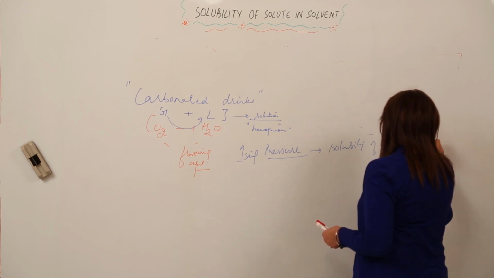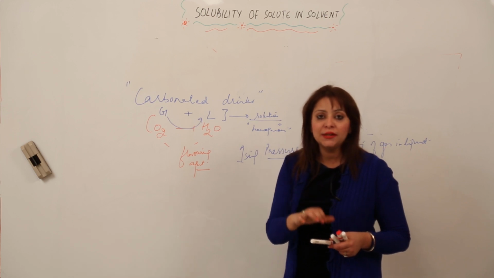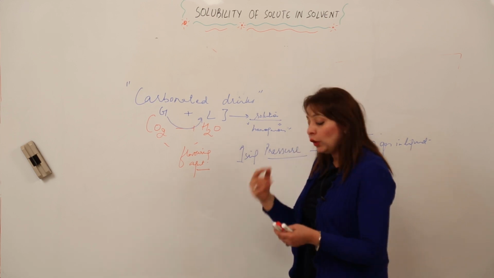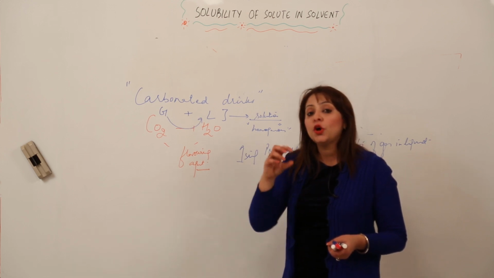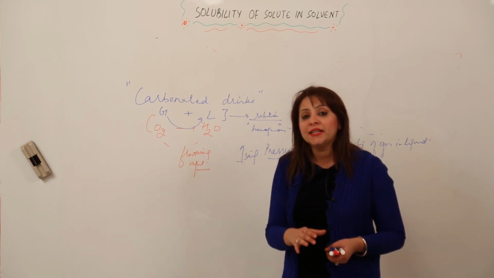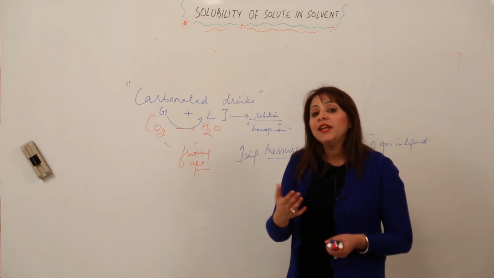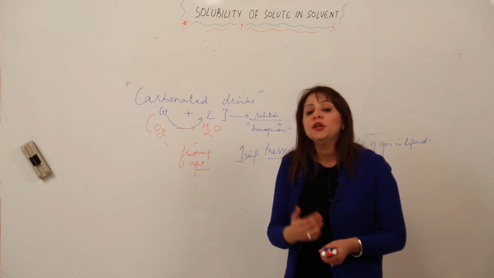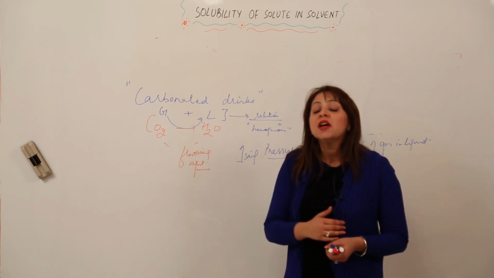That is why they are sealed by the cap in case of carbonated drinks. And what happens when you just open that cap? The pressure decreases, and when you decrease the pressure, the solubility of gas in liquid, or you can say the solubility of CO2 in water, gets decreased.